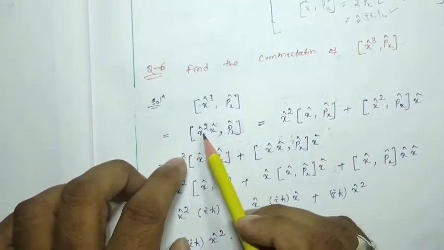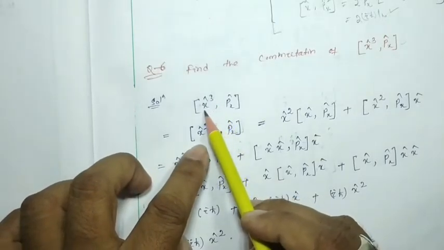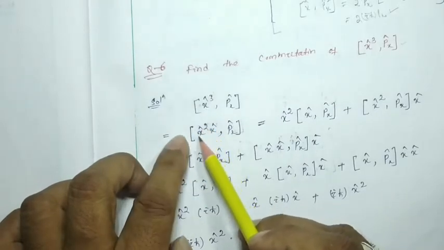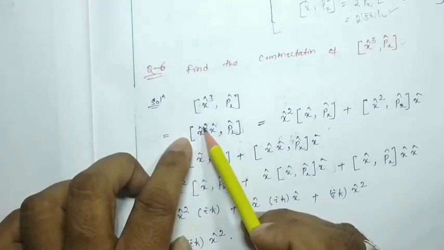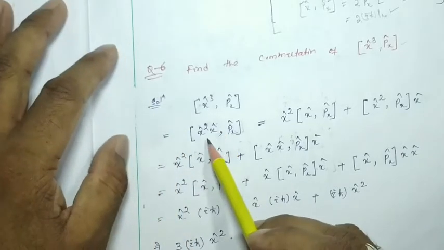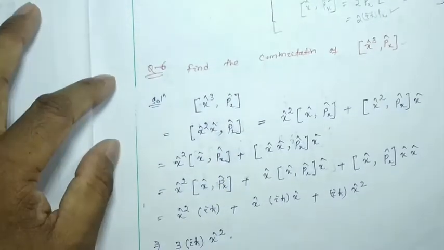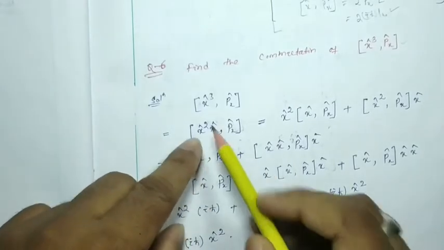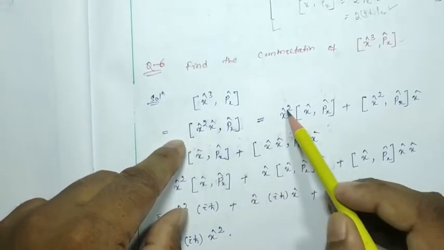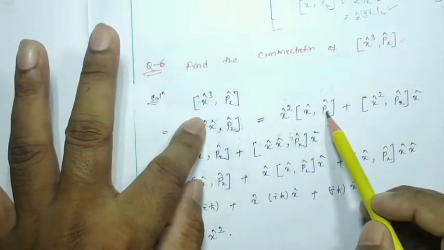Okay, so here x cap cube can be written as x cap square into x cap. The left side is x cap square, the right side is x cap. So this x cap square will be moved towards the left over here, and the rest of the operators will be in the square bracket x cap px cap.